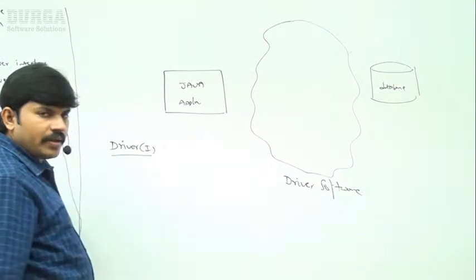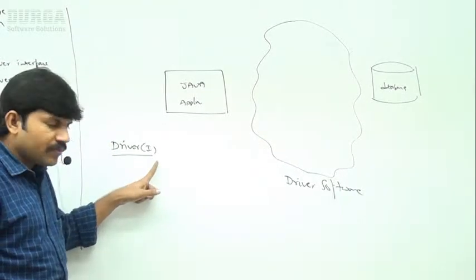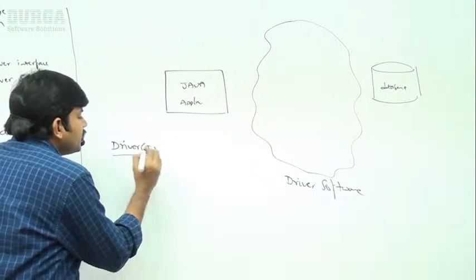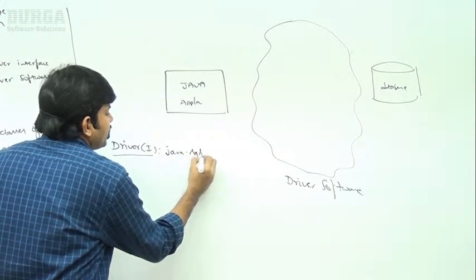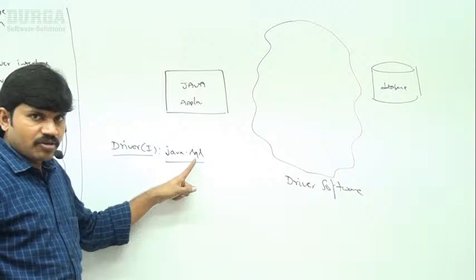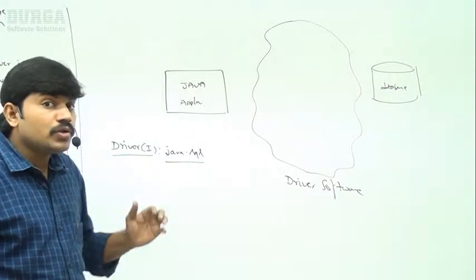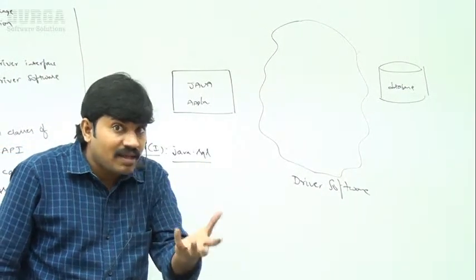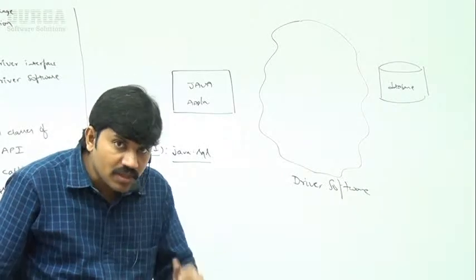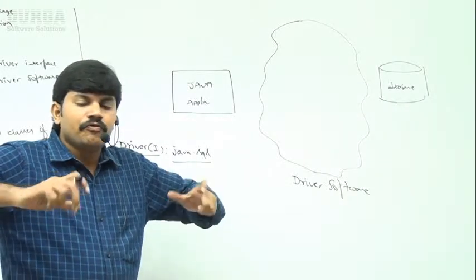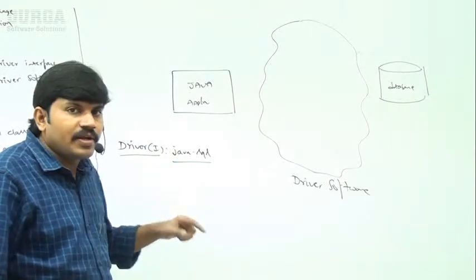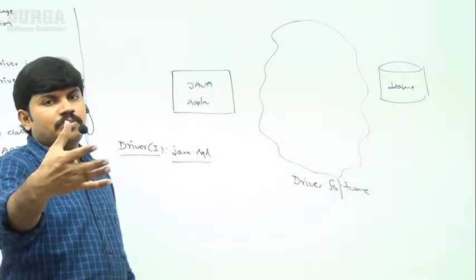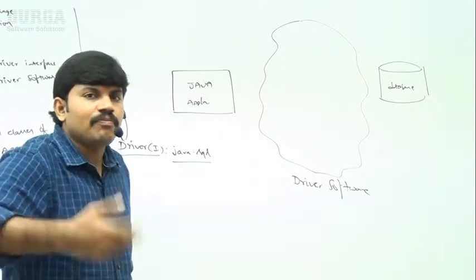Driver is an interface present inside the java.sql package. If you want to develop a driver class, the requirement specification is there: this Driver interface contains the requirement specification to develop a driver class.